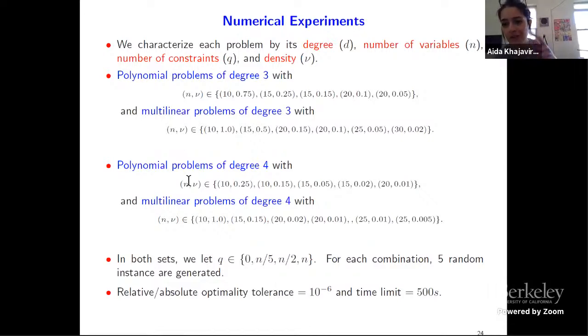So whenever you have x1 squared, you replace it by a new variable, and then in a lifted space you see those multilinear sets. We consider different numbers of variables, different sparsity patterns, and different numbers of constraints. Actually, it's not even unconstrained polynomial optimization. You also have inequalities that are polynomials.